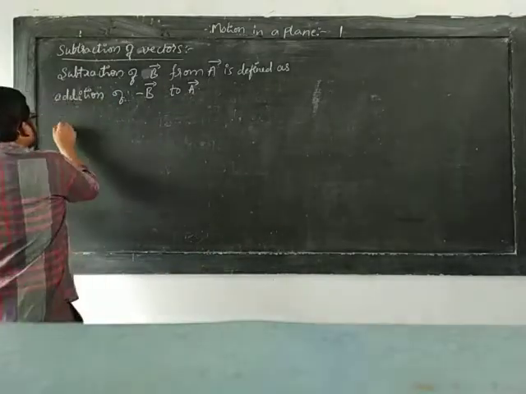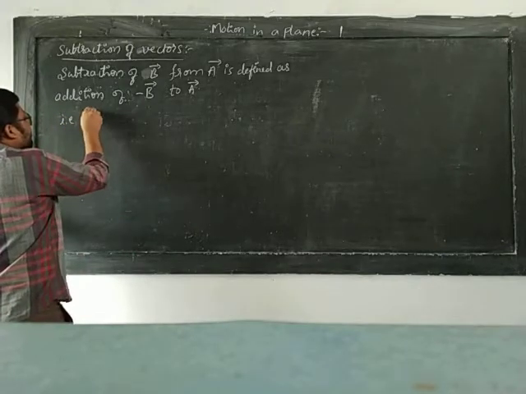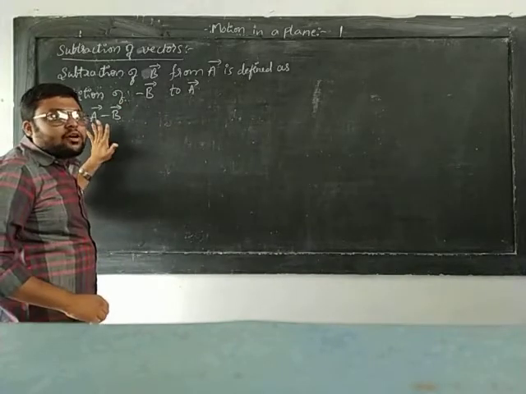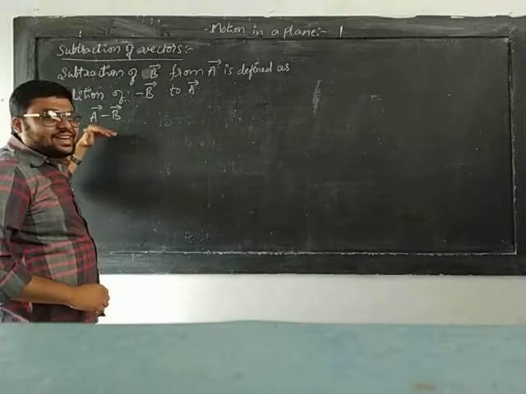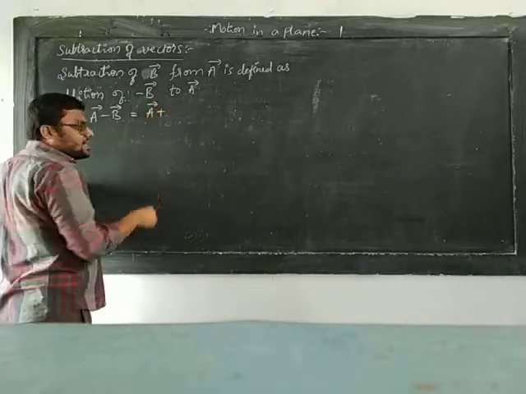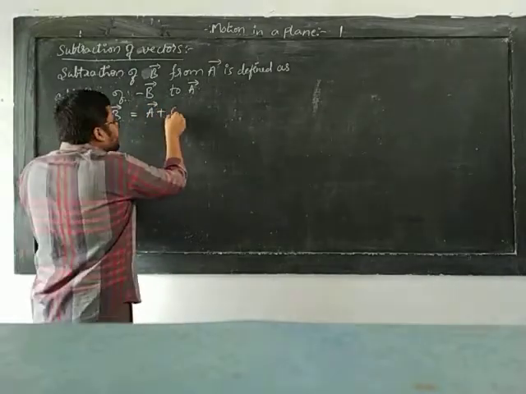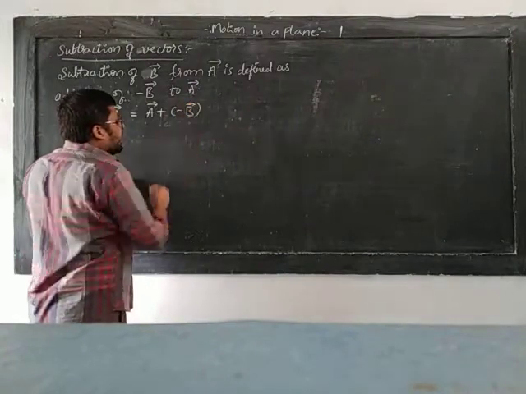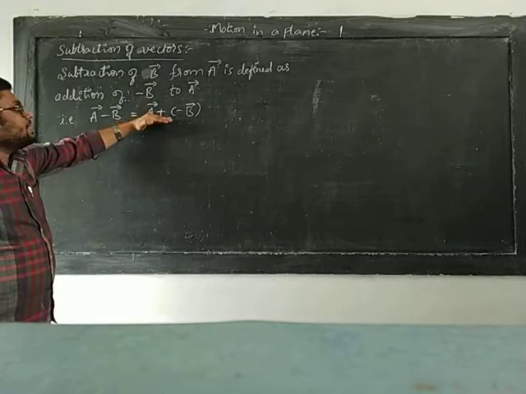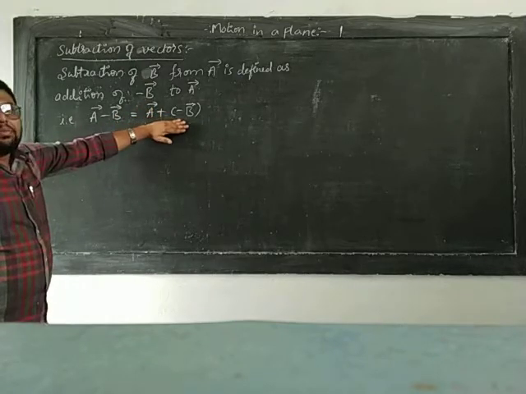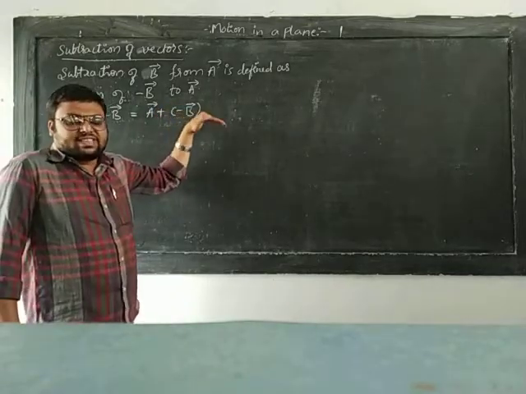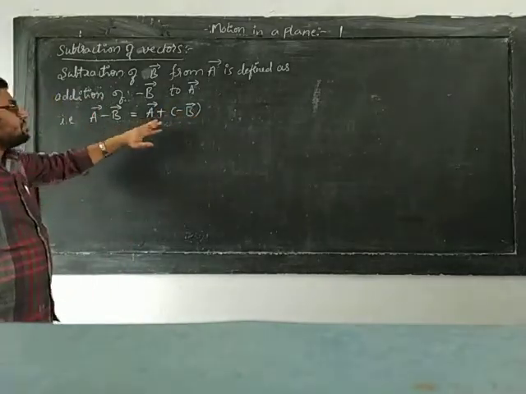So vector A minus B is the subtraction of vector B from A. And we can write it in another way, like vector A plus of minus vector B. So we have just made some adjustment in vector A and B. If I write vector A plus of minus vector B, that is nothing but vector A minus B only.